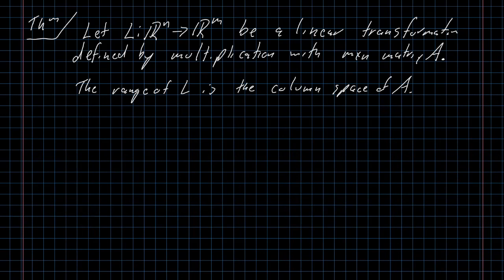let's consider a linear transformation L defined by multiplication with a matrix. The last theorem, the thing that we wanted to talk about this whole time: the range of the linear transformation is the column space of the matrix.